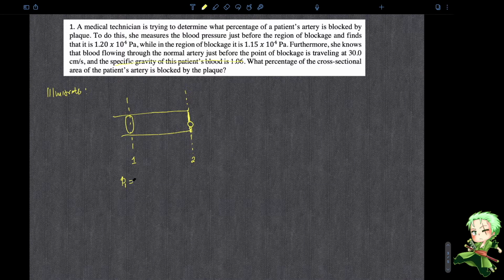It's stated in the problem that the pressure just before the blockage, meaning the pressure at 1, is given to be 1.20 times 10 to the 4 pascals. And another is on the point of blockage. So as you can see in this portion here, it is at P2, 1.15 times 10 to the 4 pascals.